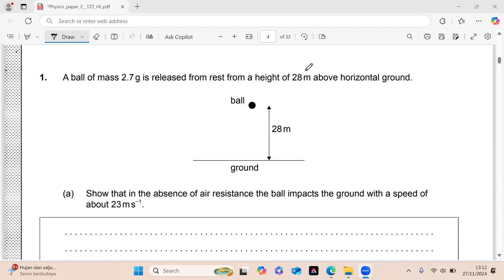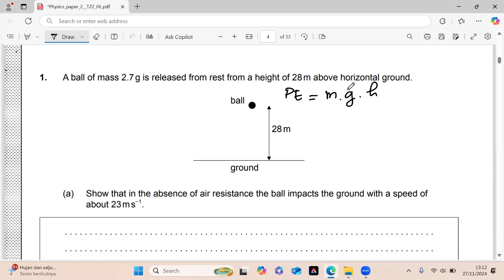Right. In this phenomenon, the ball has two energies. The first is potential energy. The equation for potential energy is m times g times h.